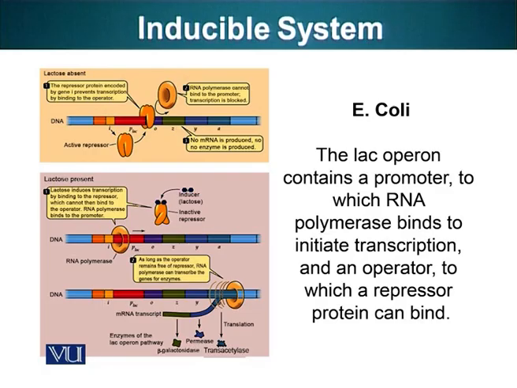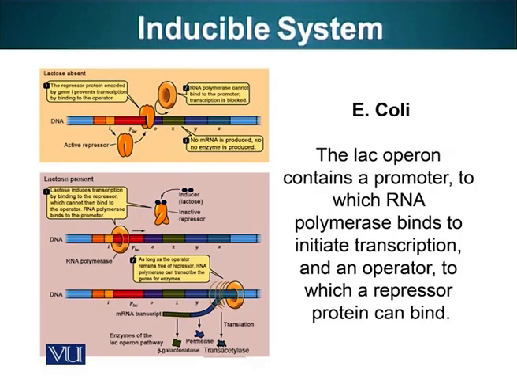Here, since lactose is inducing the production of these genes, which are used for lactose metabolism, it is referred to as the inducer. And the inducer, when it binds the repressor, releases the repressor from the DNA and transcription can take place. So what are those genes?